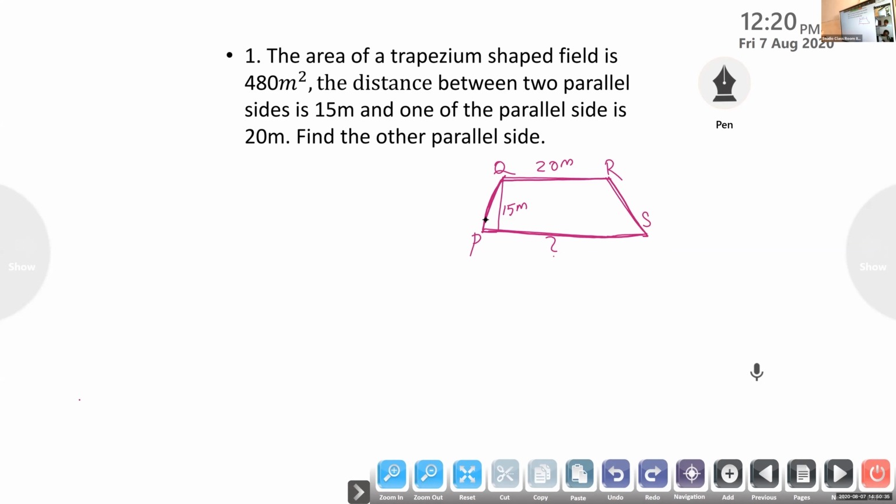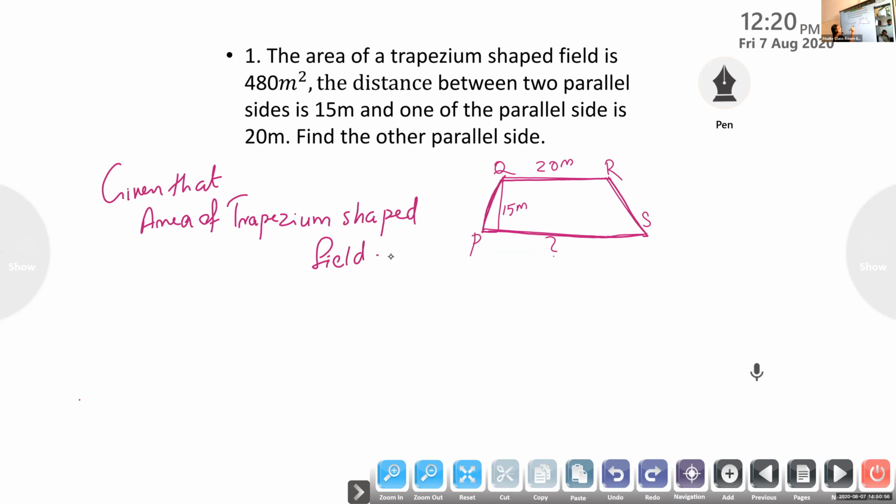Given that the area of the trapezium shaped field is 480 meters square.